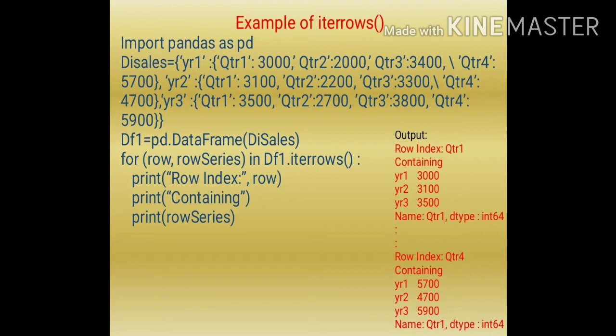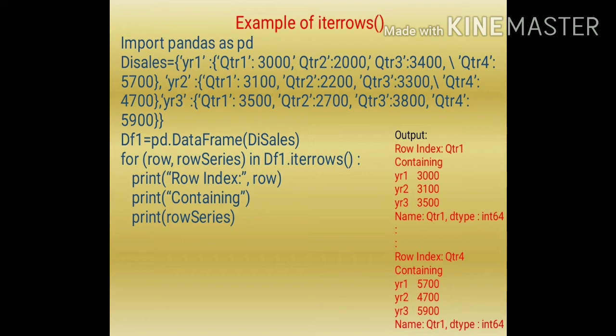So see the output first. First of all, in the output it is giving the heading row index, and in front it is writing qtr1, because for the first time value of row is qtr1. qtr1 is the first index for the row. So that's why when we are writing print row index row, it is giving row index as it is, and value of row is qtr1 when the loop is running first time.